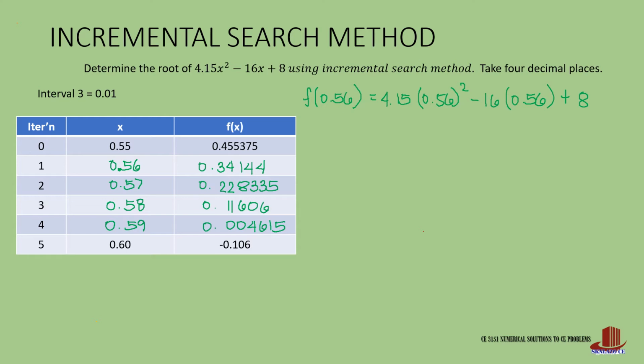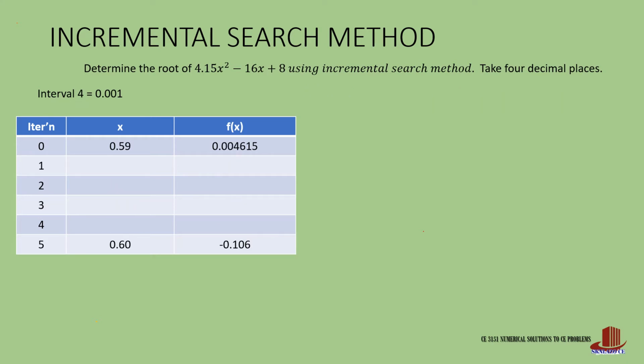And again, the bracket would still be showing that we work with the higher values. Now we are down to finding the root of our curve between 0.59 and 0.60. However, we are required to have 4 decimal places, so let's continue with our next subinterval of 0.001.